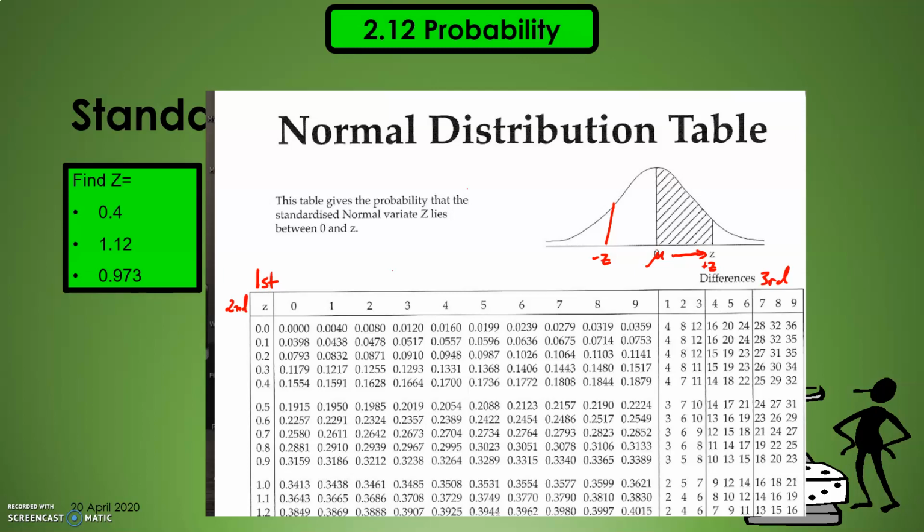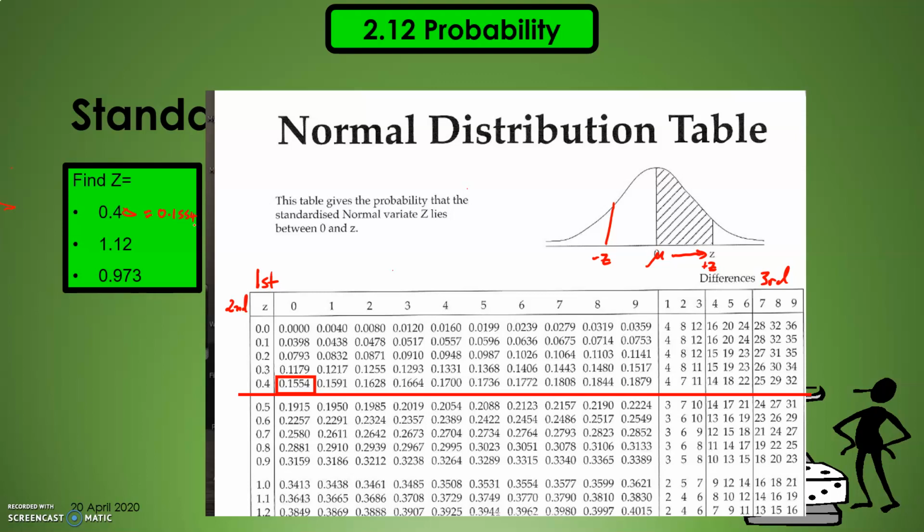And it is relatively easy. So 0.4 to start with, we just use the column. So we go down to 0.4, and then the next thing is we would have a second decimal, which would be 0. So that means it would be there. So we end up with 0.4 being equal to 0.1554.